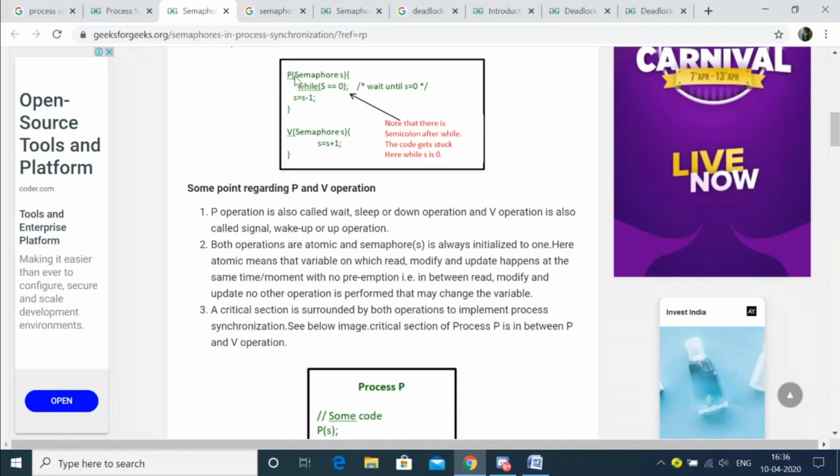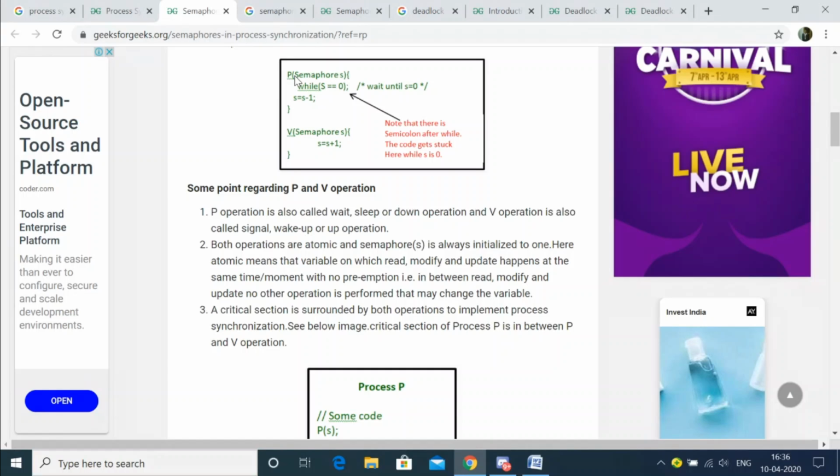Then next time again, let's say for example P2 wants to check whether it is free or not, it will again do a lookup whether I can enter or not. I can still not enter, so this semaphore value will still be 0, so P2 will be restricted.